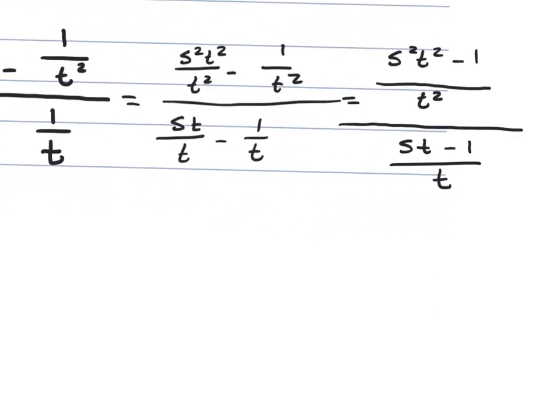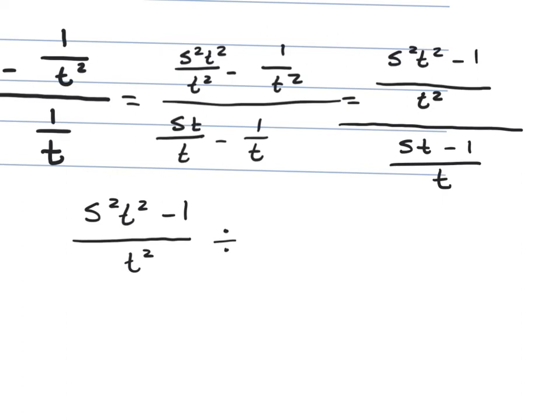Okay, so we're here. S squared t squared minus 1 over t squared divided by t over st minus 1. Let's talk about what breaks down, because there's actually two interesting things going on here. One's really easy to spot, the other one's not.